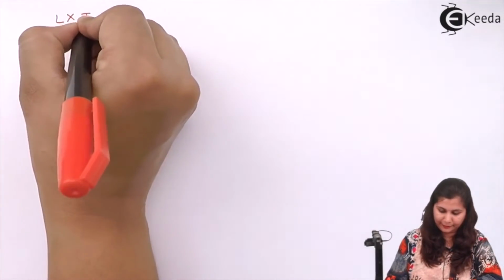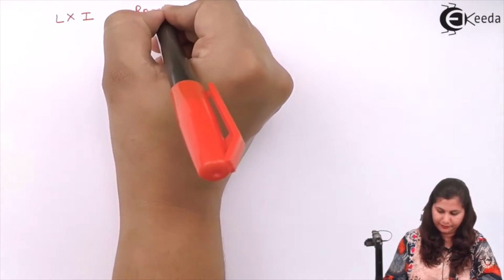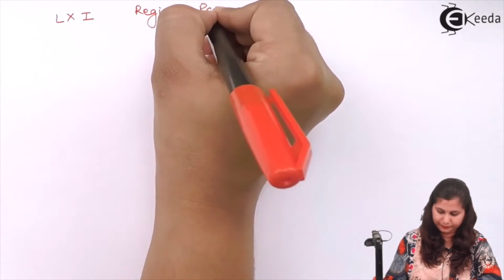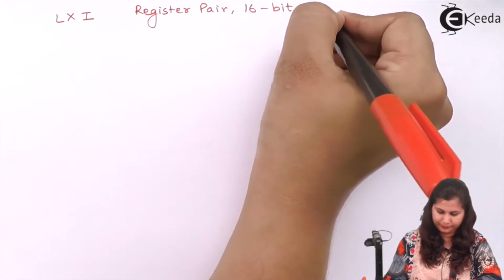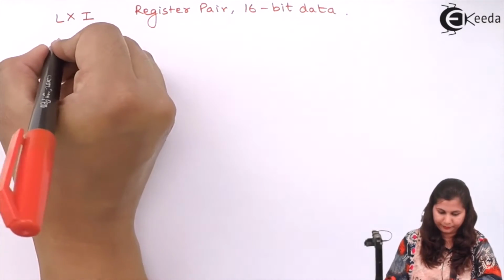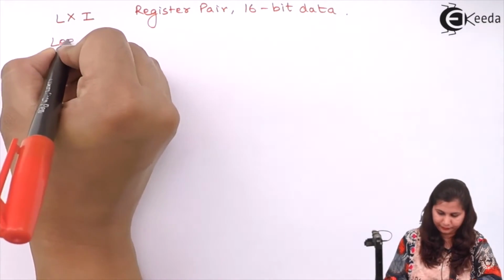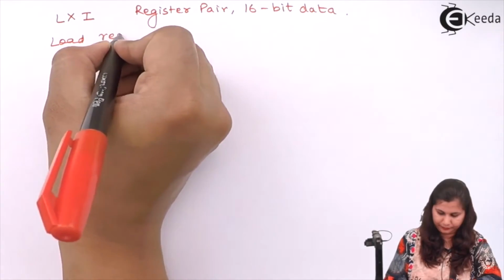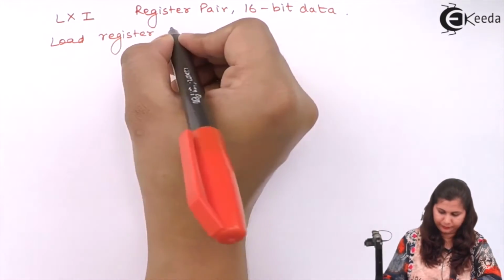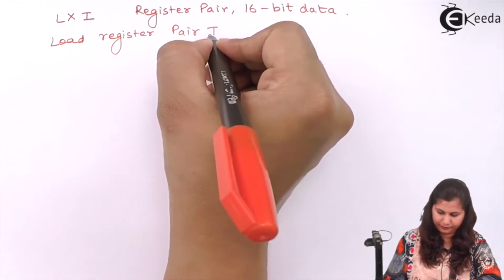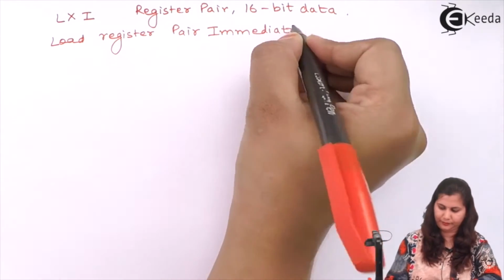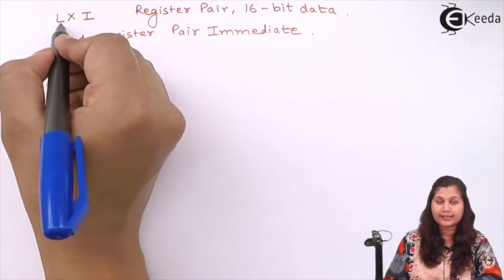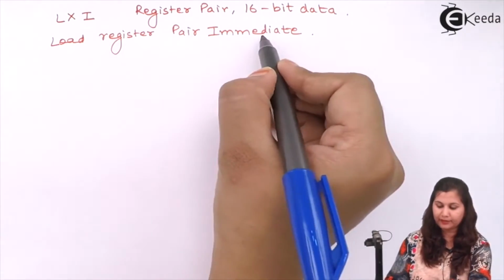Next instruction is LXI. This instruction is load register pair immediate.